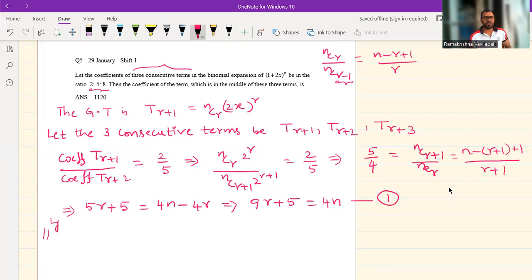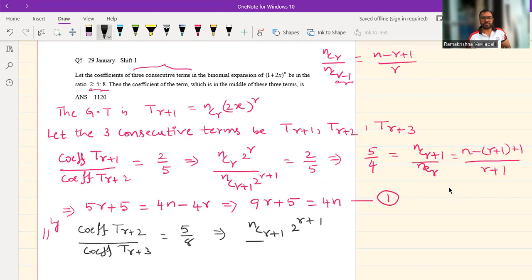Similarly, the coefficient of T(r+2) by the coefficient of T(r+3) equals 5/8. So T(r+2) is nC(r+1) 2^(r+1) by T(r+3), nC(r+2) 2^(r+2), equals 5/8.